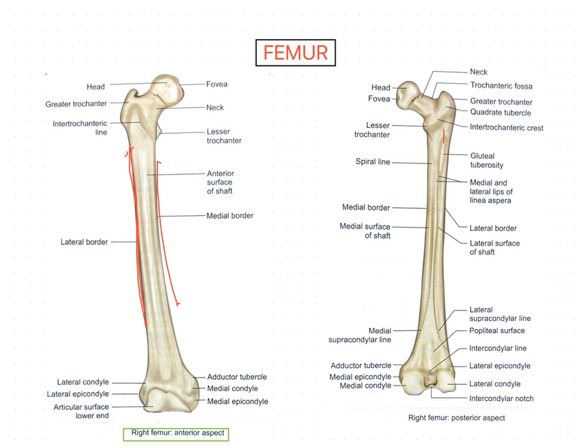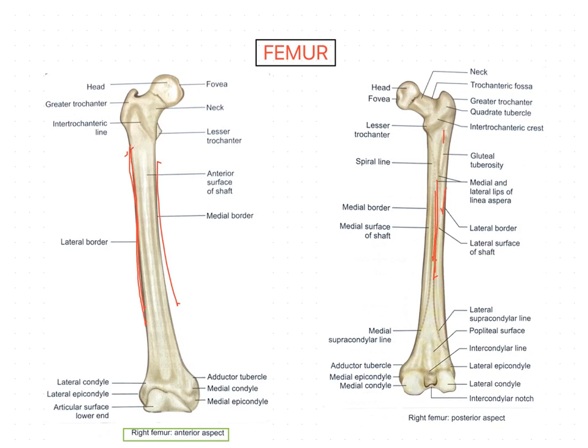It is a thick roughened crest opposite the middle third of the shaft. In the middle third of the shaft we can find this very roughened structure, and it possesses a medial lip and a lateral lip, and an intermediate area is present.